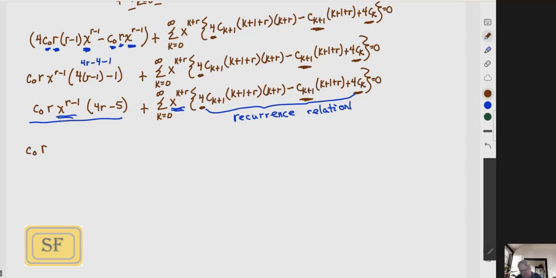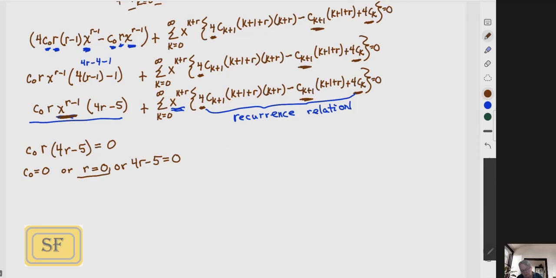I'm going to keep that x to the r minus 1 out of it because I just want the coefficients, times 4r minus 5 has to equal 0. That tells us that c of 0 is equal to 0, or r is equal to 0, or 4r minus 5 is equal to 0.